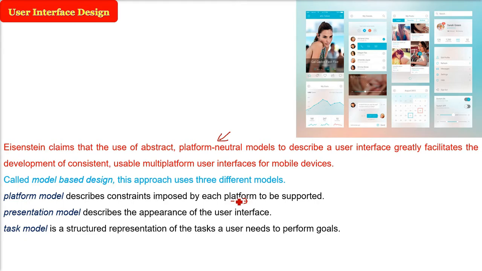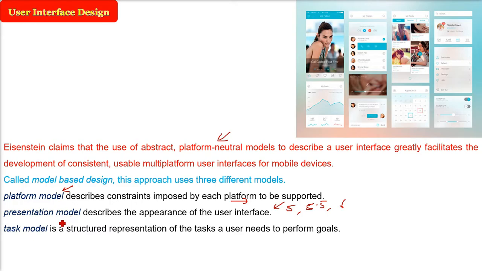Apple iOS, Android, Symbian are different platforms and they have their own constraints and limitations, and their standards are also different. So first you have to design the platform model, then the presentation model, that is how it is going to be seen on the mobile, the user interface appearance. There are different screen sizes available. So presentation is very important, because if something looks good, then only people would like to buy it.